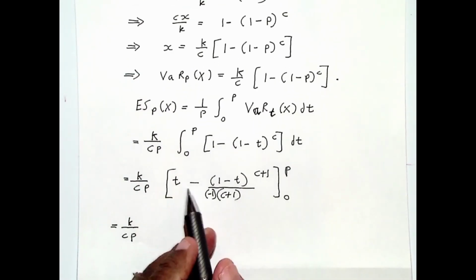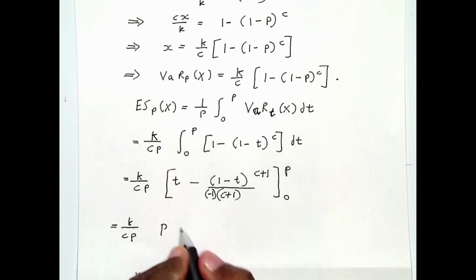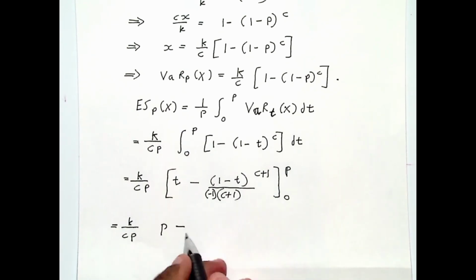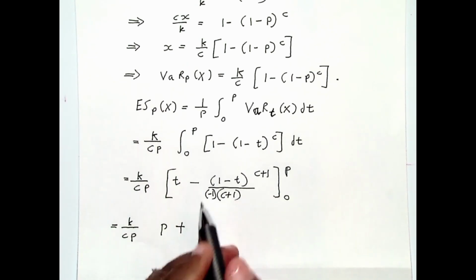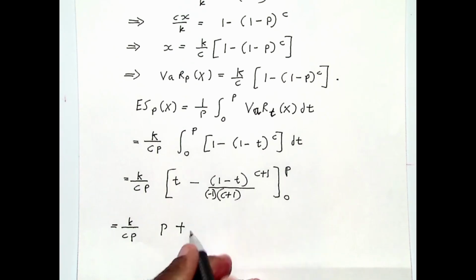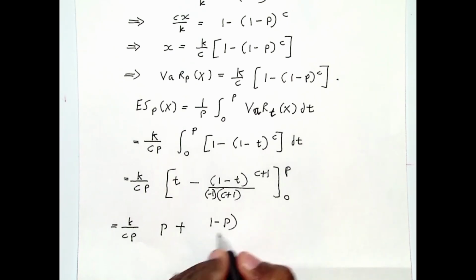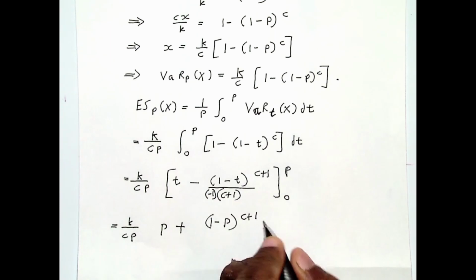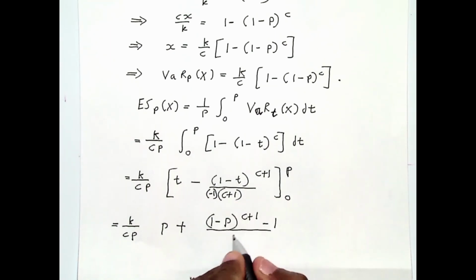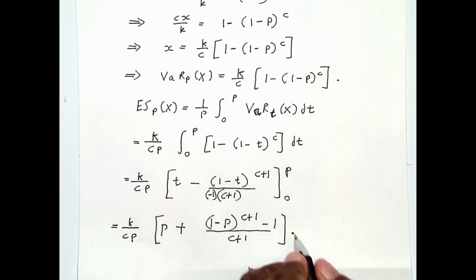The limit at p, minus the limit at 0, the minus minus is actually plus, sorry, these two minuses give you plus. So the limit at p is 1 minus p power c plus 1, and the limit at 0 is 1, divided by c plus 1. So this is the expression for expected shortfall for part 10.